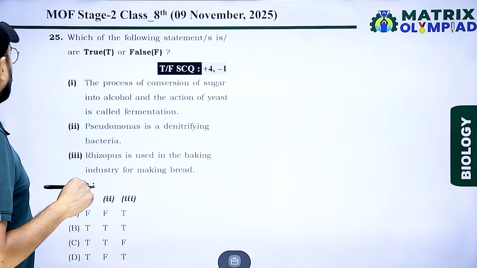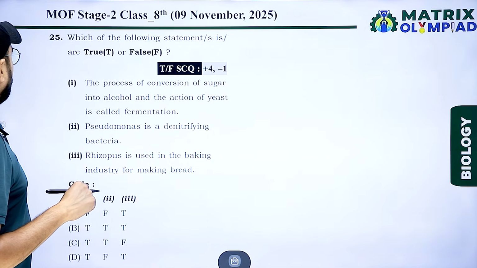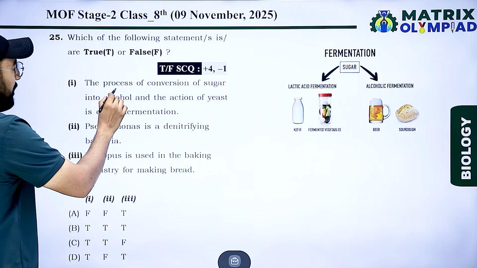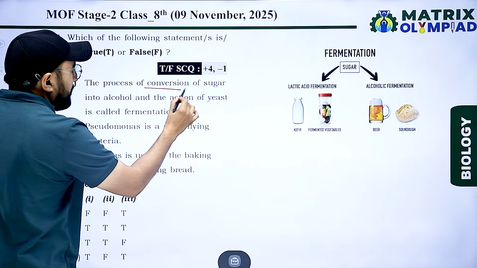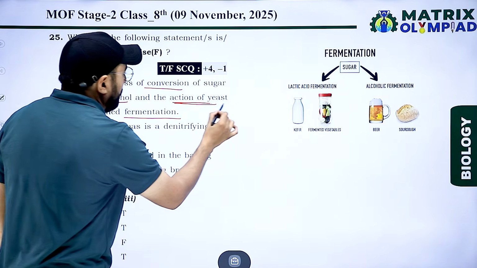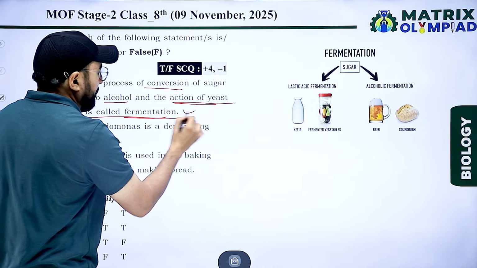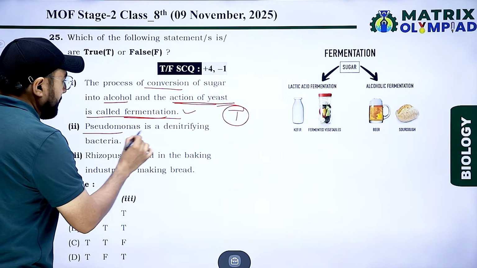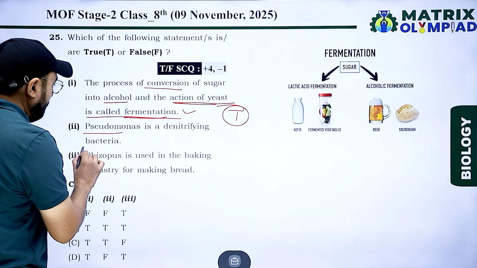Next, which of the following statements are true or false? The process of conversion of sugar into alcohol by the action of yeast is called fermentation. That is true, right? Pseudomonas is a nitrifying bacteria.